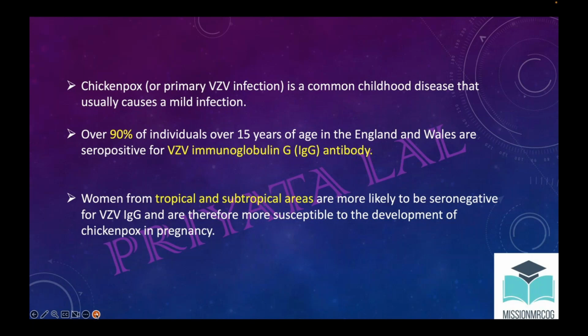So if their blood is checked, they will have varicella zoster IgG antibody. But people from tropical or subtropical countries are less likely to be seropositive. They are more susceptible to chickenpox infection in pregnancy.